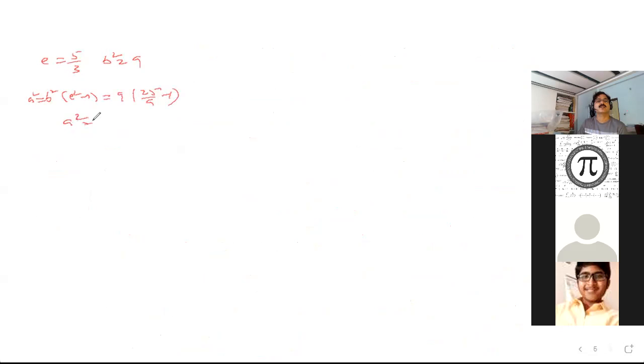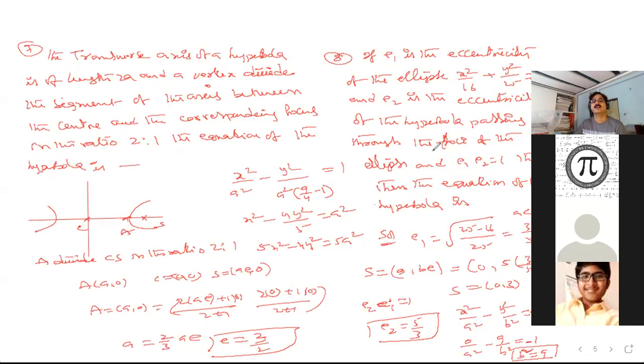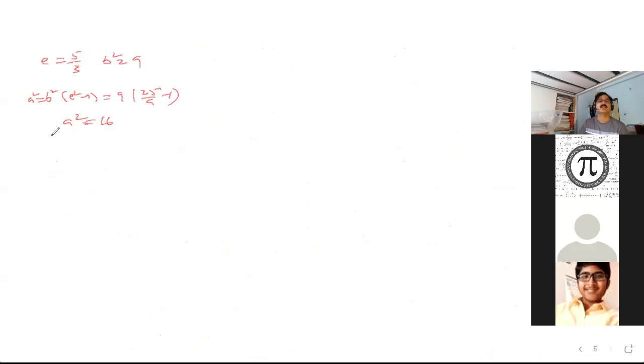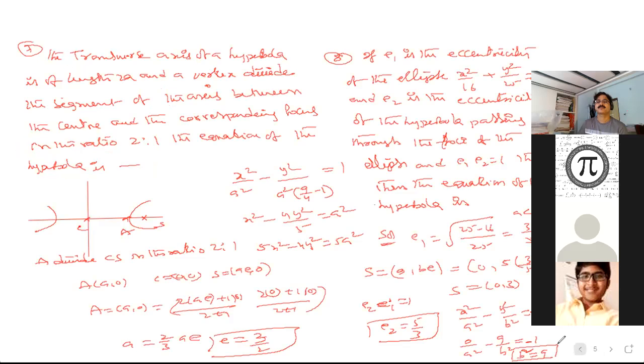You got it, a square is equal to 16. Right. And here nothing is important. Okay. Directly we can write. What is b? 9. a, 16. Right. So the answer is x square by 16 minus y square by 9 is equal to minus 1. Is it correct, sir? Yes, sir. Okay.